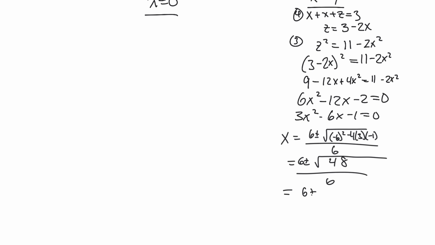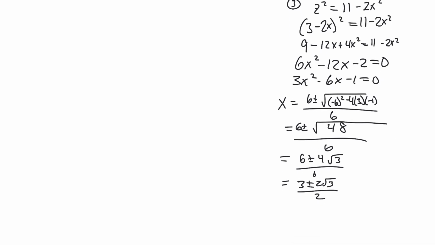So that's going to be 6 plus or minus 4 square root of 3 over 6. If we divide everything by 2, 3 plus or minus 2 square root of 3 over 2.